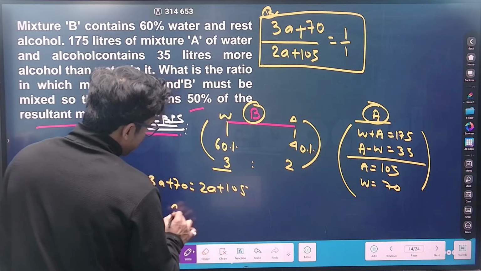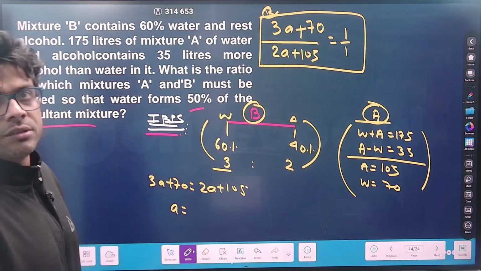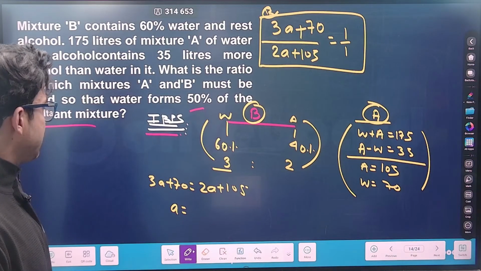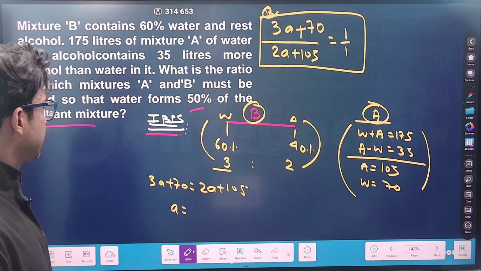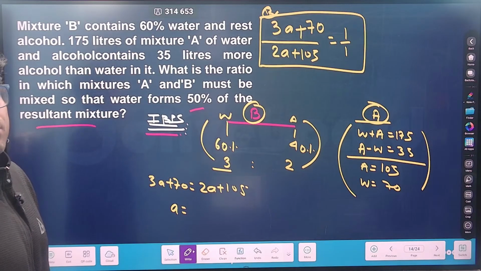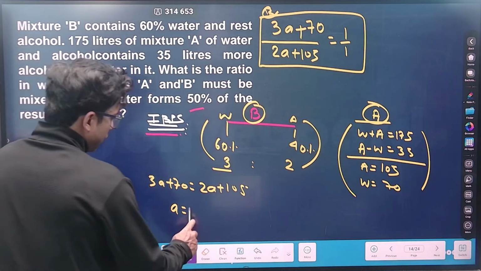From here, how much would the value of A be? 35. The value of A would be 35.